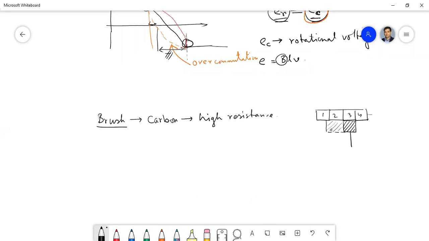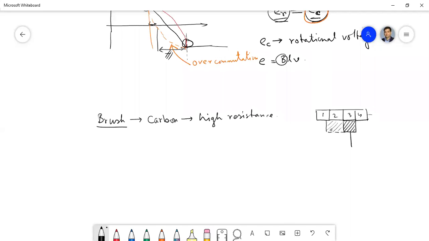So that means there is a possibility of short circuiting one particular coil during the commutation. Okay, and to limit this short circuit current, we use high resistance carbon brush. Not only that, it has a very good control on commutation, this high resistance brush.